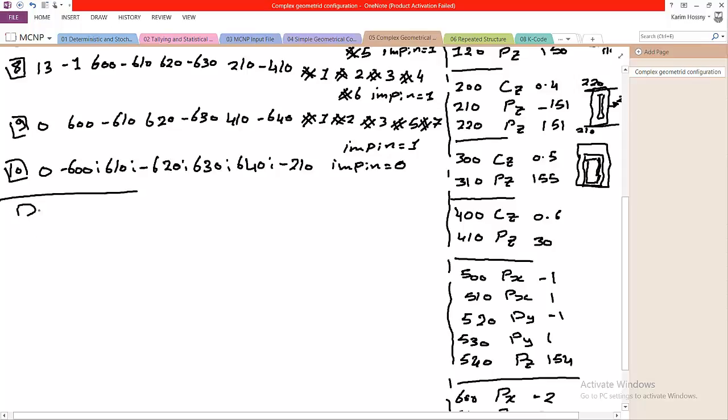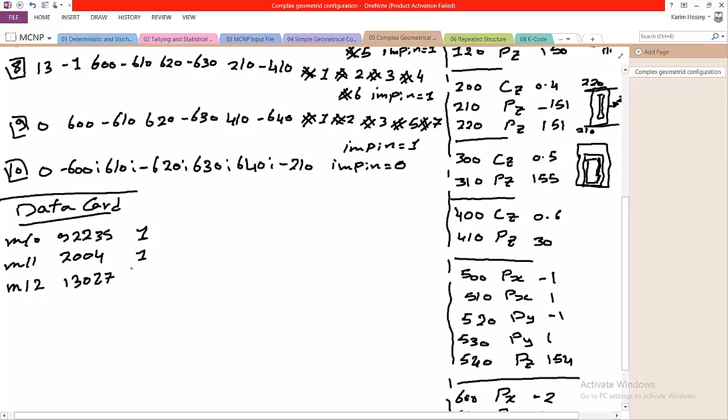The data cards will be something like this. Material 10, which was the fuel, 92235, 100%. 11, 2004, which was helium, 100%. 12, which was the clad, 13027, aluminum, 100%. 13, which was the water, 1001, 0.67 atomic fraction hydrogen, and 0.33 oxygen.